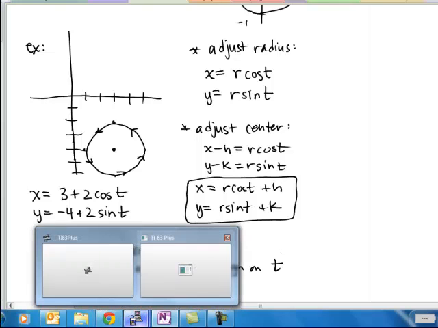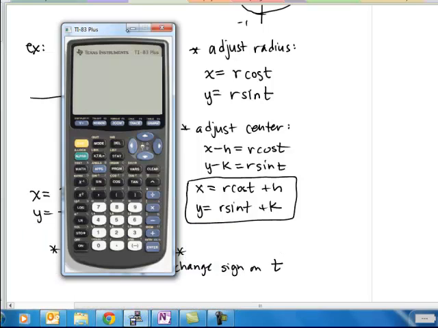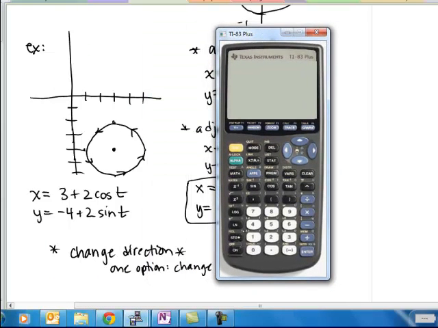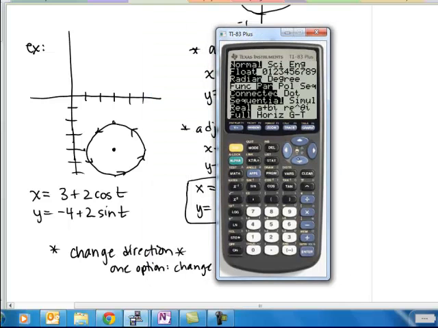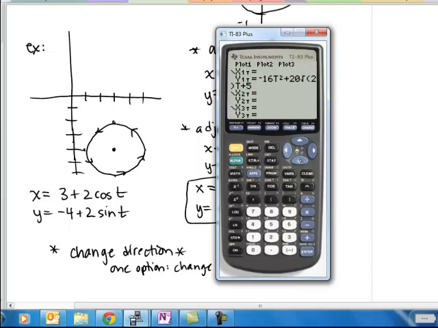I'm going to pull up a calculator here and we can kind of see this in action. So switch to parametric mode. Looks like I'm already there. Go to y equals, get rid of these. So if I have 3 plus 2 cos t and negative 4 plus 2 sine t, I leave them like that.